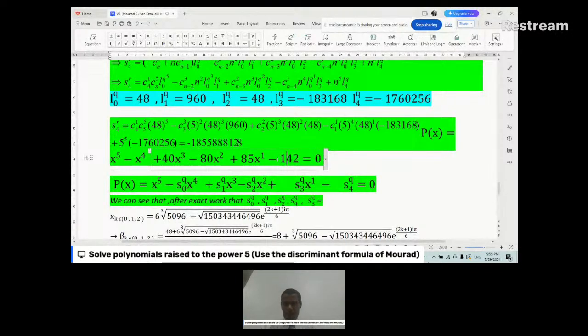This is negative 1,855,888,128, the value of S4. This is negative S4, so it comes here positive.